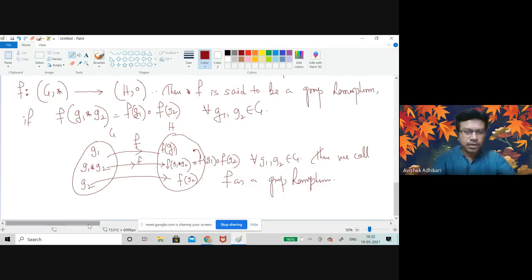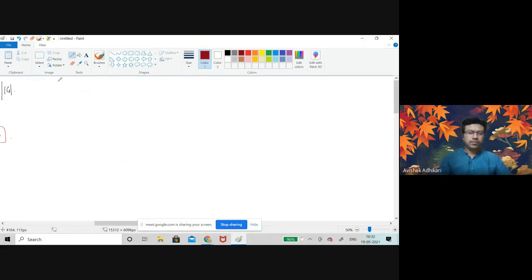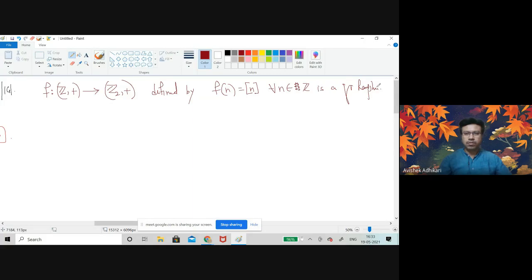Okay. So let us try to find some examples. We have already seen that the map from (Z, plus) to (Z2, plus) defined by f(n) equals class of n for all n belongs to Z is a group homomorphism. Why?